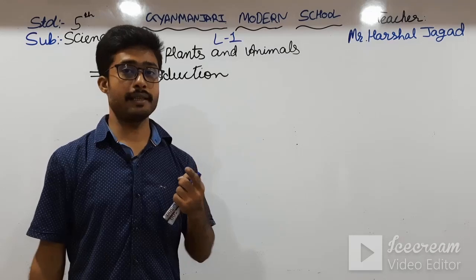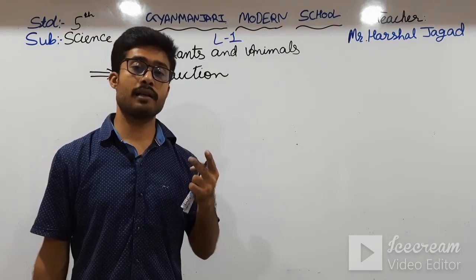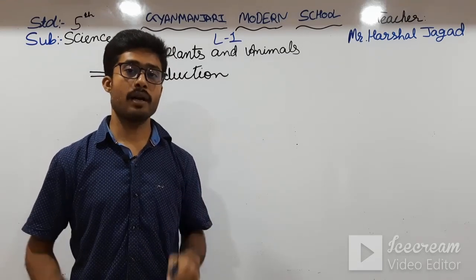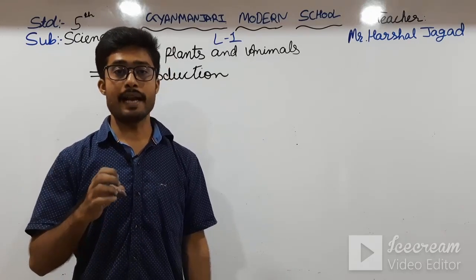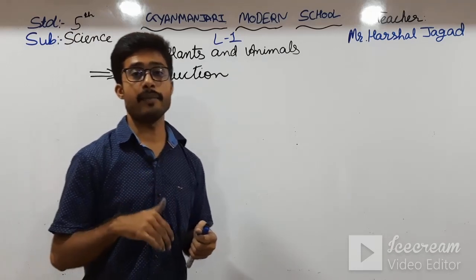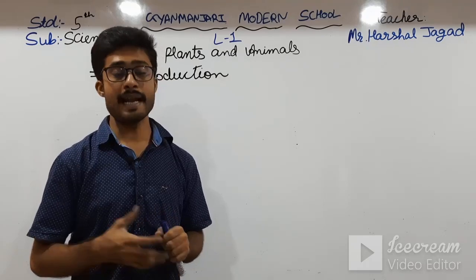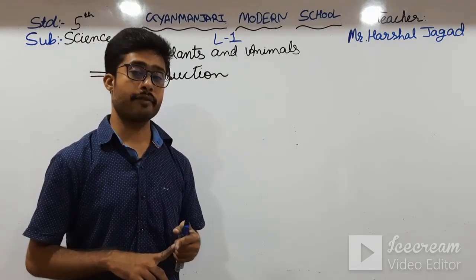First of all we saw the animals. Animals either directly give birth to their young ones or lay eggs, but the kangaroo is a creature which gives direct birth and the young one remains in its pouch. And in plants there are two processes, cutting and grafting.